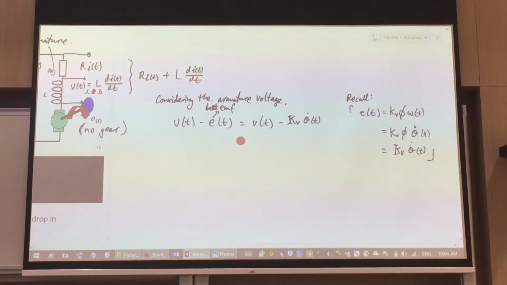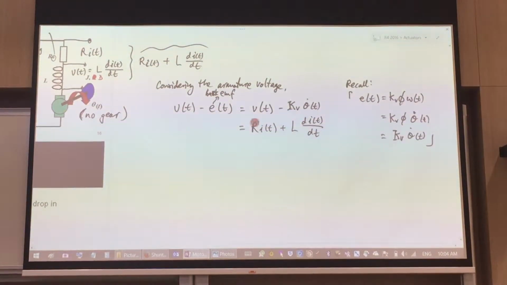So this whole thing must be equal to this whole part over here, because that's your total voltage. So they must be equal to each other.